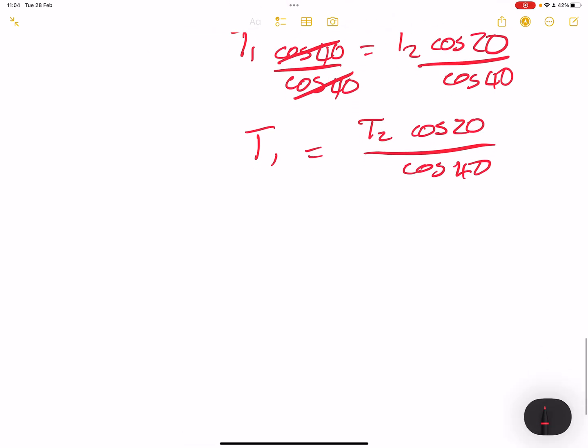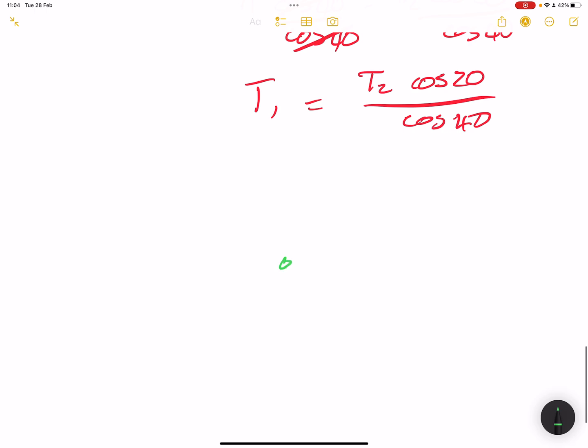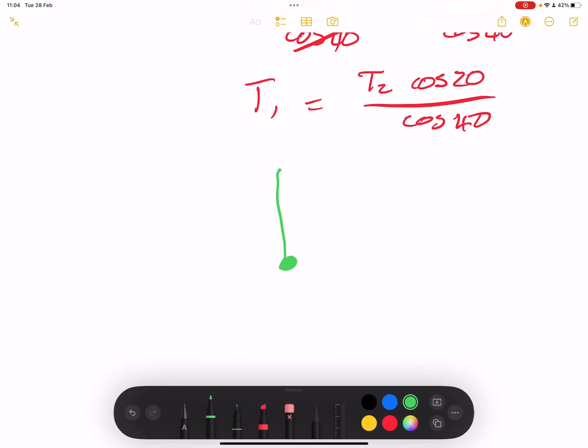Now let's look at the forces that are acting vertically. We've got T1y acting vertically upwards, and we also have T2y.